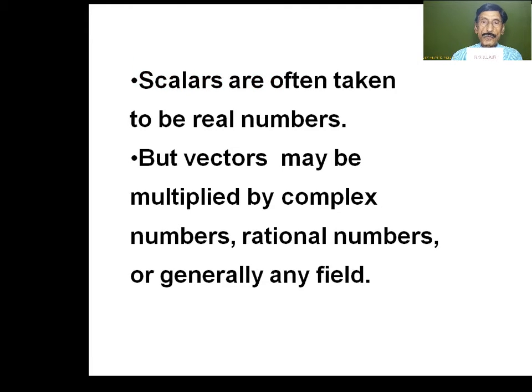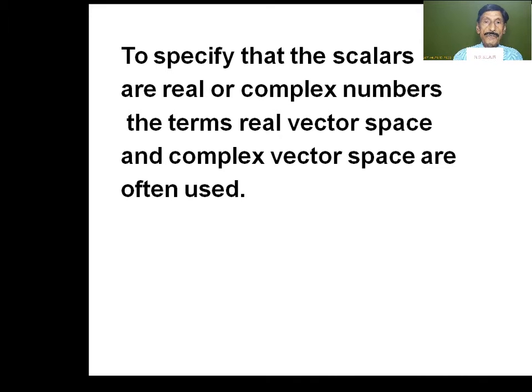Scalars are often taken to be real numbers, but vectors may be multiplied by complex numbers, rational numbers, or generally any field. To specify that the scalars are real or complex numbers, the terms real vector space and complex vector space are often used.